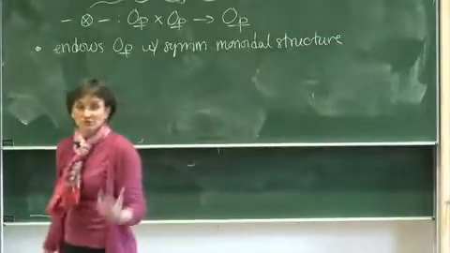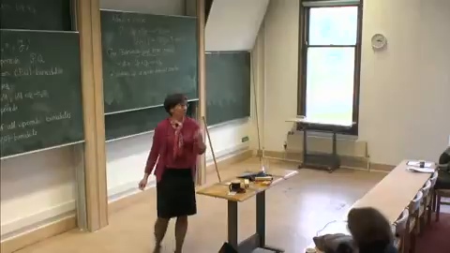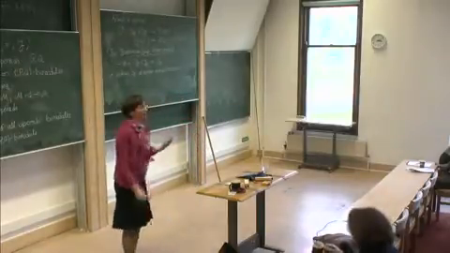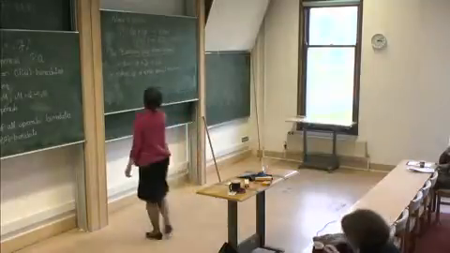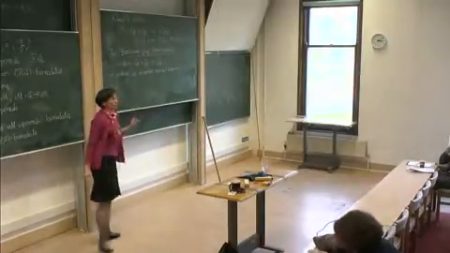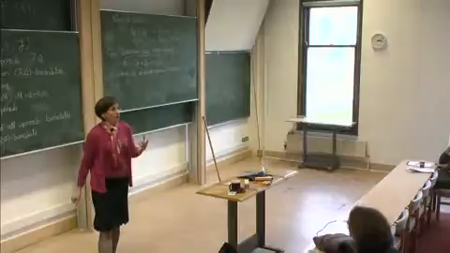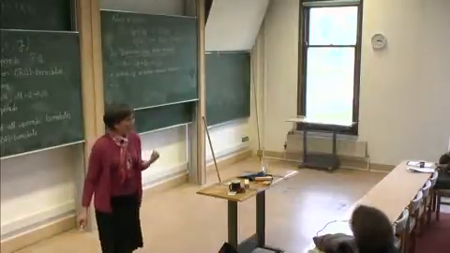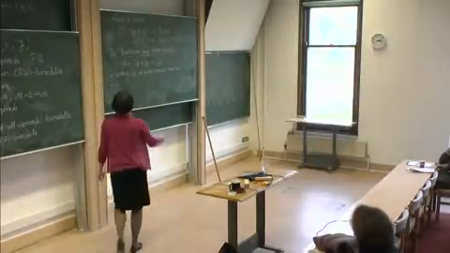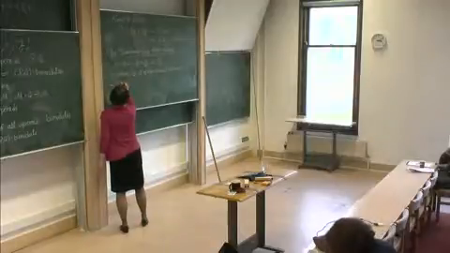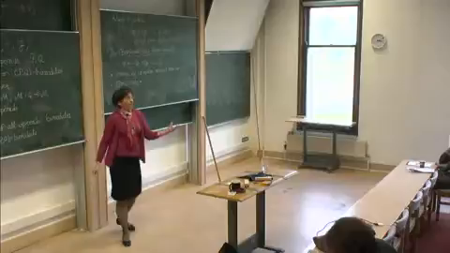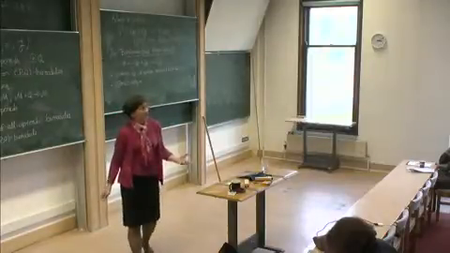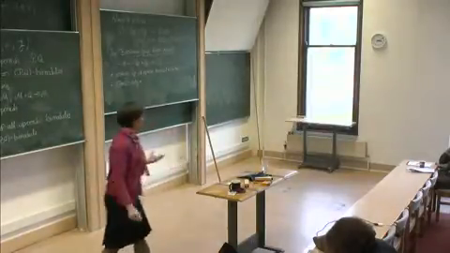And why would one be interested? I mean, it's always nice to have a monoidal structure, but what is the algebraic point behind having this Boardman-Vogt tensor product? Well, if I have two operads P and Q, what does a P tensor Q algebra look like? Well, a P tensor Q algebra is a P algebra in the category of Q algebras, or a Q algebra in the category of P algebras.